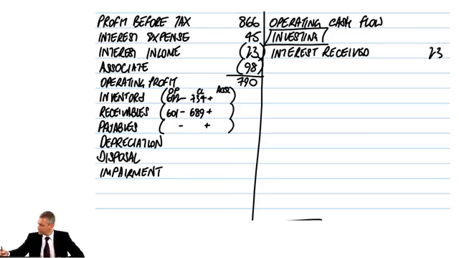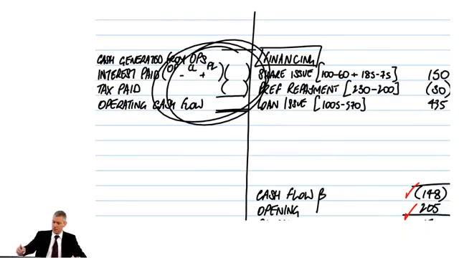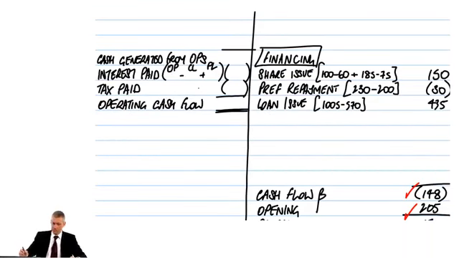And the interest received is 23 flowing in. The next one is interest expense. That definitely does have a particular place it goes. So let's drop it in. So that's 45.